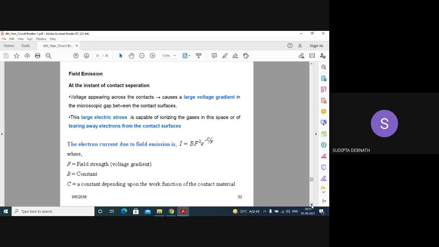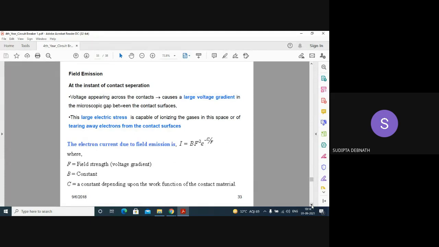When the contacts separate, the gap is microscopic, so you can understand it is very small. The electric stress due to voltage gradient is voltage per unit length, and the voltage gradient will be very high if the length of contact separation is less. At the instant of contact separation, the voltage gradient is very high.